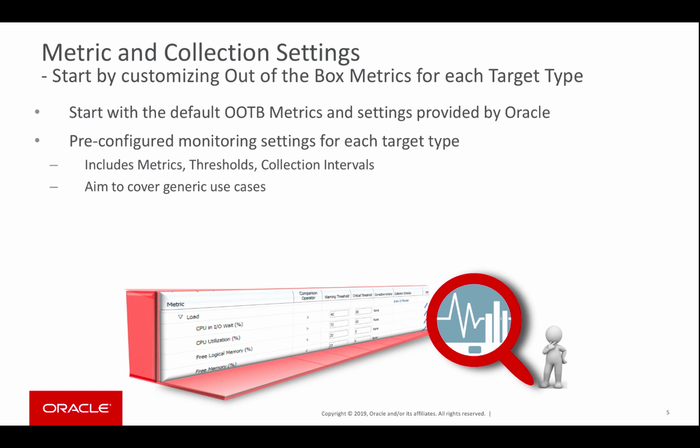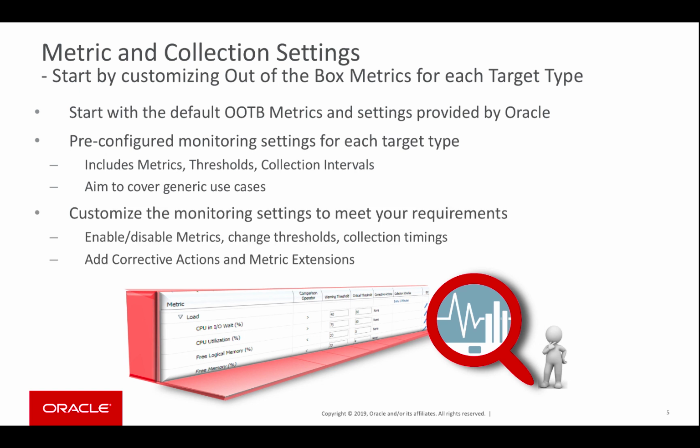These are pre-configured by Oracle. On the other hand, the out-of-the-box monitoring settings are aimed to cover generic use cases. So while this is a good place to start, the configurations are very high level. So tuning or customizing the settings is usually required in order to satisfy your corporate standard in most cases.